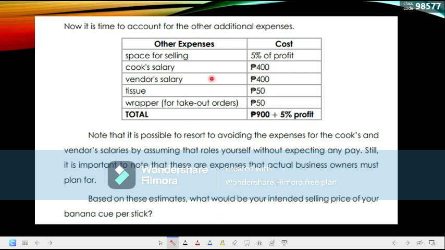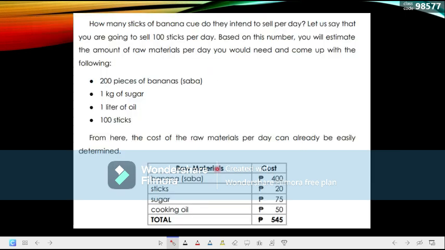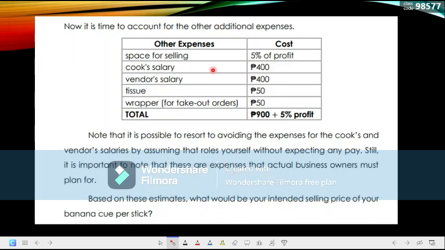You already have the materials and the cost of your raw materials and other expenses. So this time you are asked, based on these estimates, what would be your intended selling price of your banana Q per stick, so you can get a reasonable profit at the end of the day.